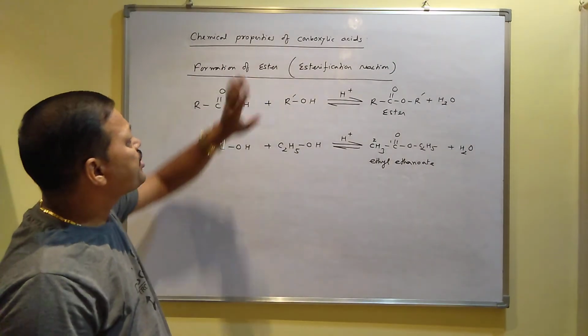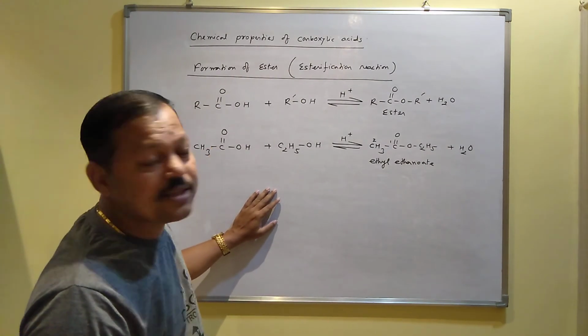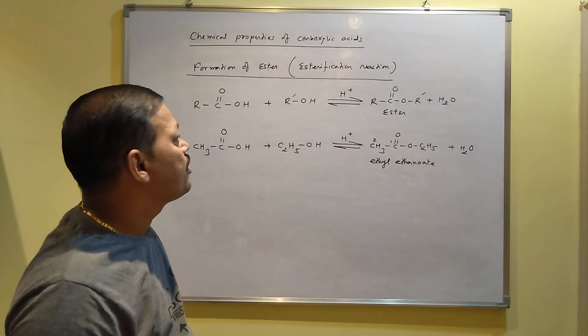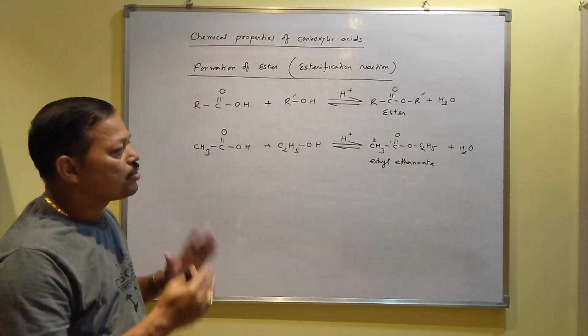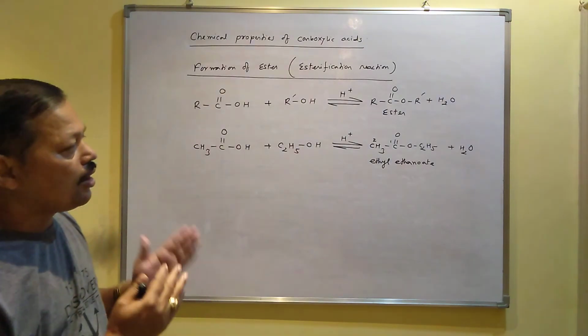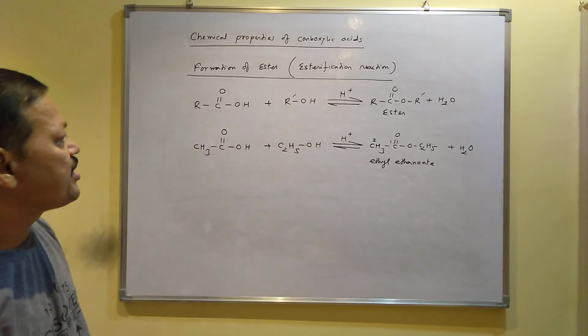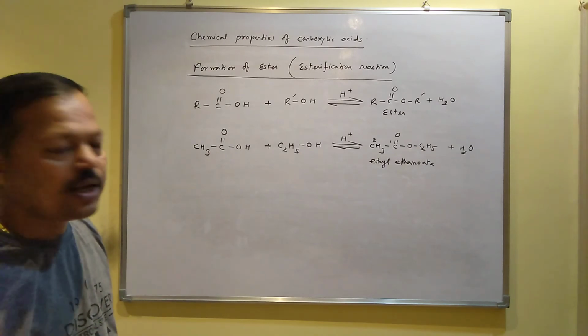Now for this reaction, the mechanism is required. The mechanism is very important for the exam. You will get a question like this: write the mechanism of esterification reaction. So now I will show you the mechanism of this esterification reaction, I mean how carboxylic acid reacts with alcohol to produce the ester.